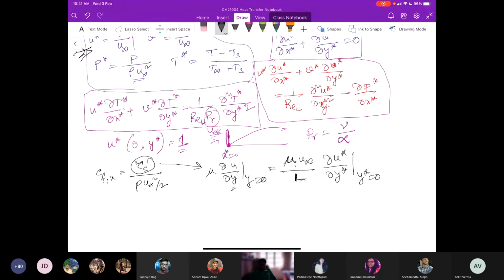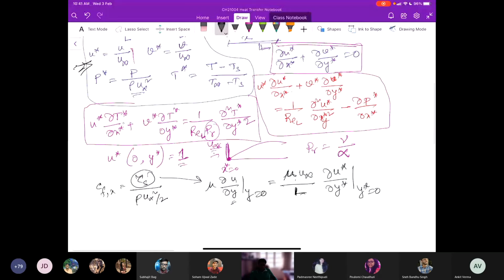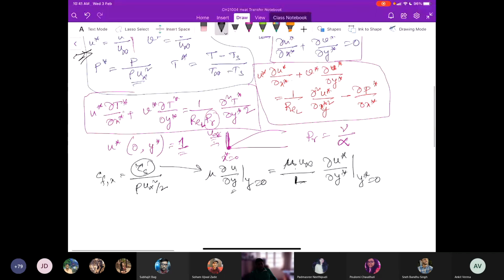This U star, okay, so the U star, if you look at it, is basically what we can write for a given geometry, what it would be if we find a solution for U star.